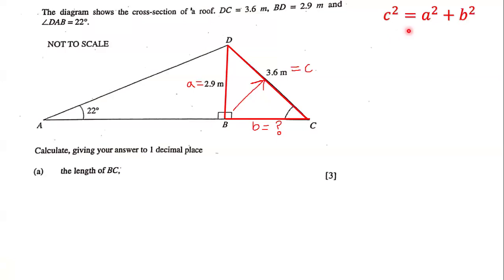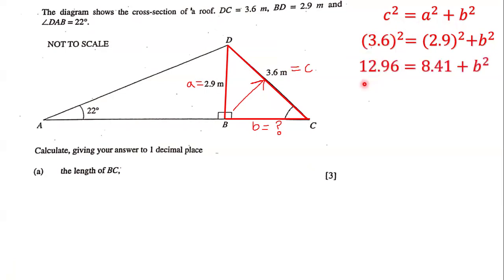And so we're going to use the Pythagoras theorem, which states that C squared is equal to A squared plus B squared, where C is the hypotenuse, and in this case, C is 3.6, and A is 2.9. And we have to figure out the measure of B. The first thing we're going to do is say 3.6 squared, which gives us 12.96. 2.9 squared is 8.41.